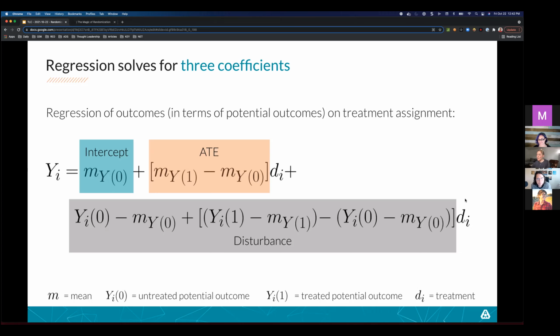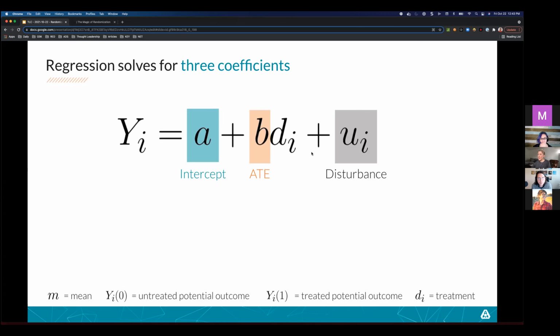It looks really gross and ugly, but depending on the value of D sub i, 0 for control or 1 for treatment, this simply represents the variation between untreated responses and the mean untreated response, or the variation between a treated response and the mean untreated response. So really just think of it as an error term. This is just representing unexplainable variation.